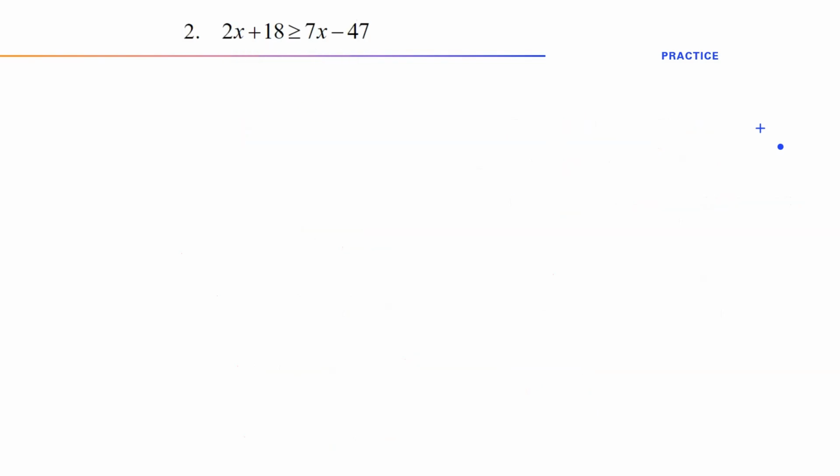Alright, so next question: 2x plus 18 greater than or equal to 7x minus 47. Now we will subtract 2x from both sides, and then add 47 to both sides.